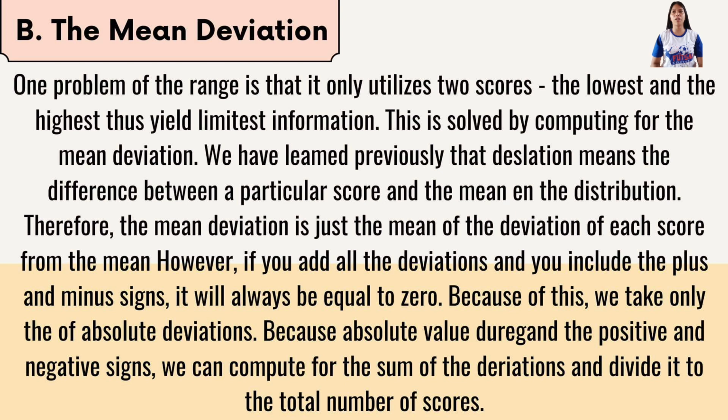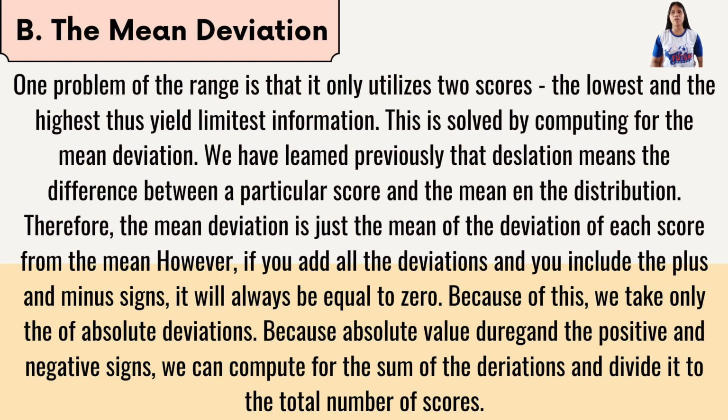B. The mean deviation. One problem of the range is that it only utilizes 2 scores. This is solved by computing the mean deviation. The mean deviation is just the mean of the deviation of each score from the mean. However, if you add all the deviations and include the plus and minus signs, the sum will also be equal to 0.